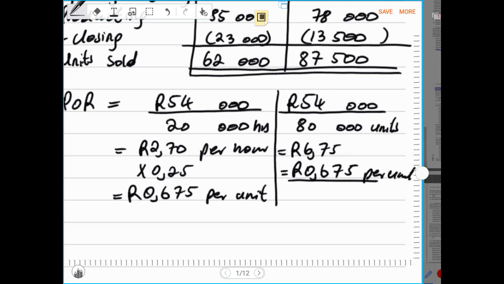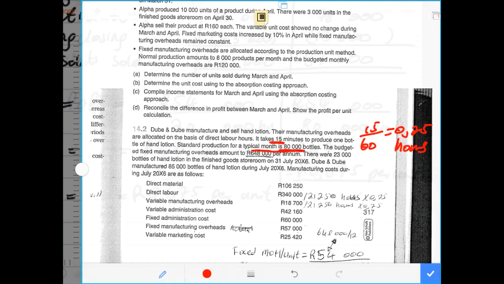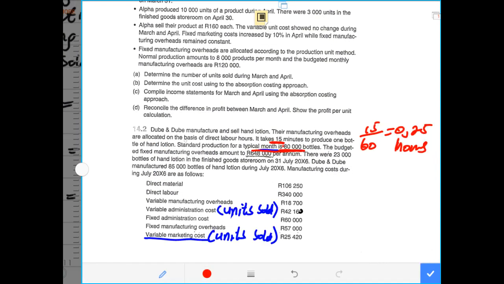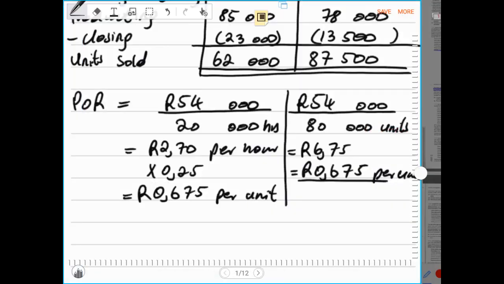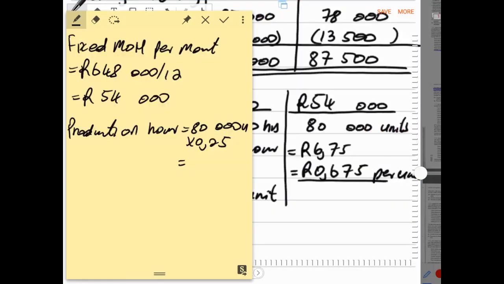But remember, you were required to allocate or to base your manufacturing overheads using the direct labor hours. So now that is why I am forced to first have to convert the total production units into hours, where we say this times by 0.25, which I said will give us 20,000 hours.